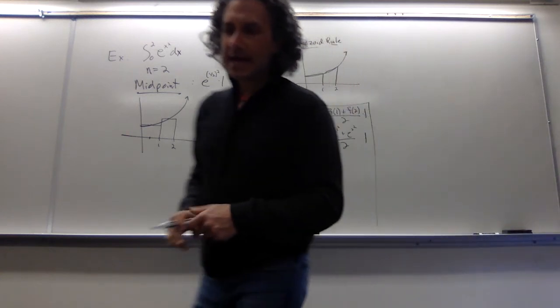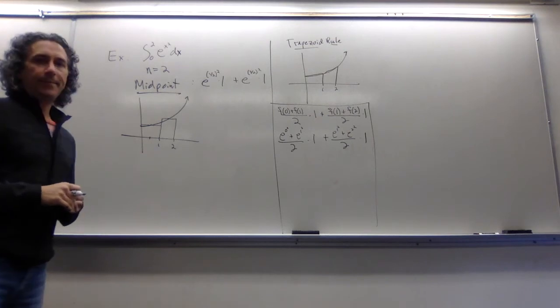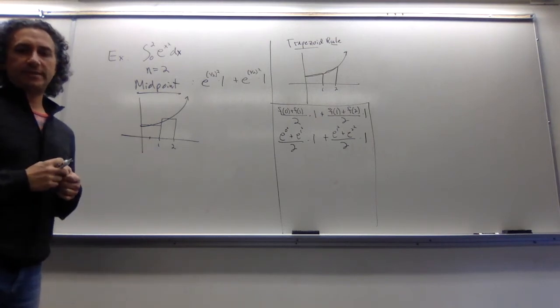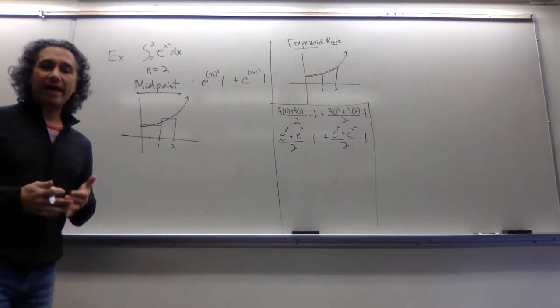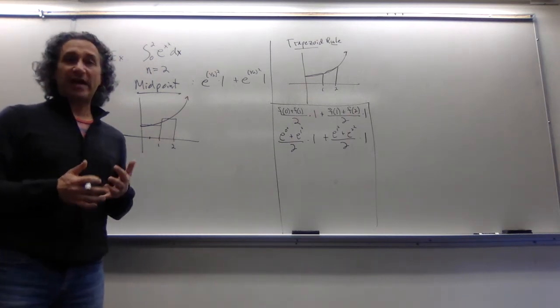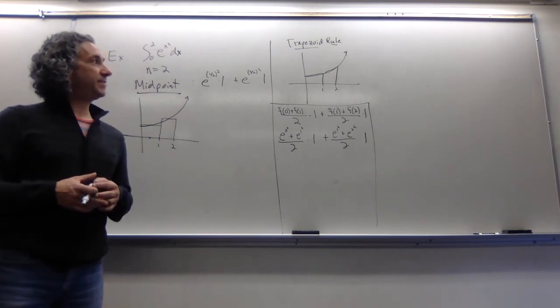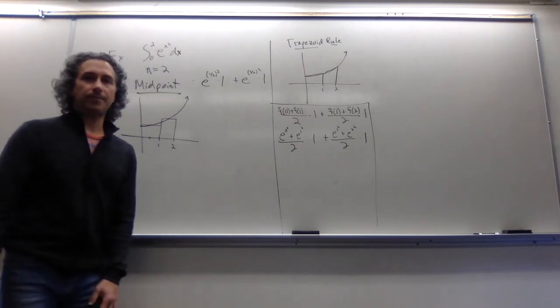So how do these guys relate in terms of underestimates and overestimates? Well, it turns out that the concavity of the function is going to have an effect on whether we have an underestimate or an overestimate. So the easier one to think about is the trapezoid rule.